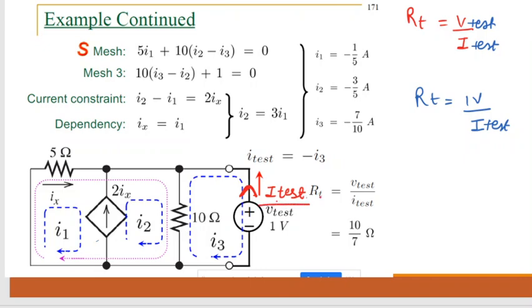Now we need to calculate I test. I1, I2 and I3. I test like I3 and I test, they are in the same direction or direction.